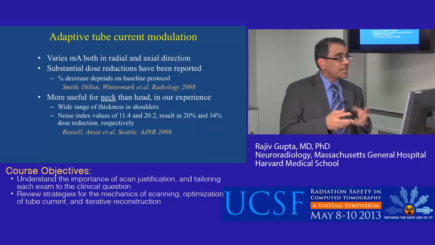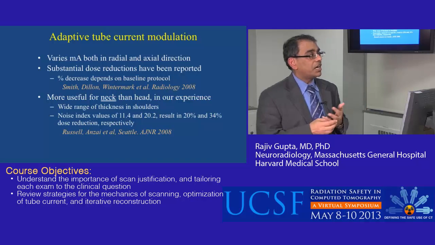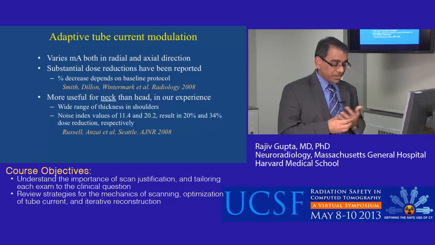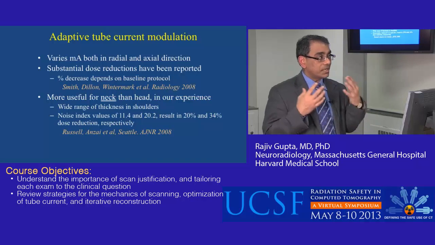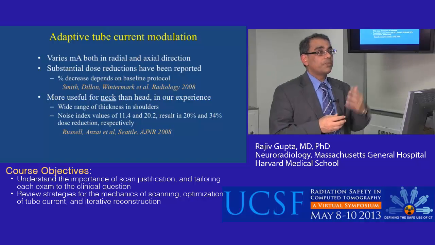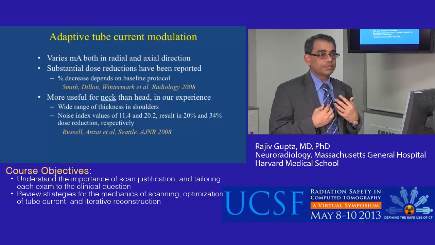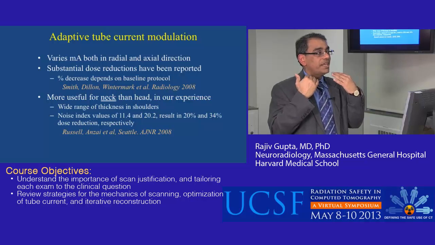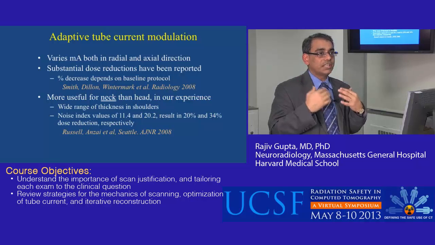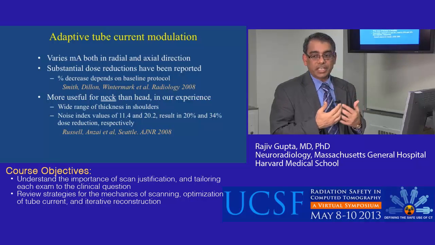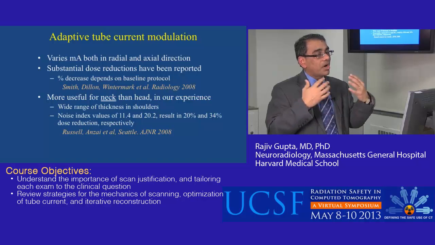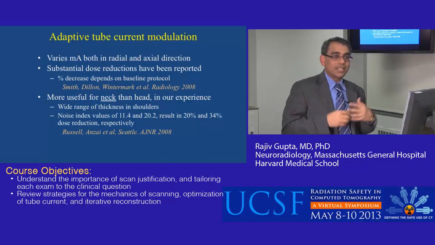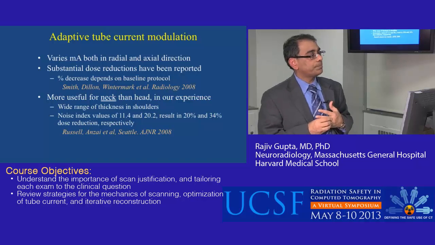Okay. And substantial dose reductions have been reported using this technique. It is most useful when both head and neck are scanned together, because the moment you go below the skull base through the neck into the shoulders, there is a very abrupt change in the amount of attenuation that the X-ray beam has to overcome.